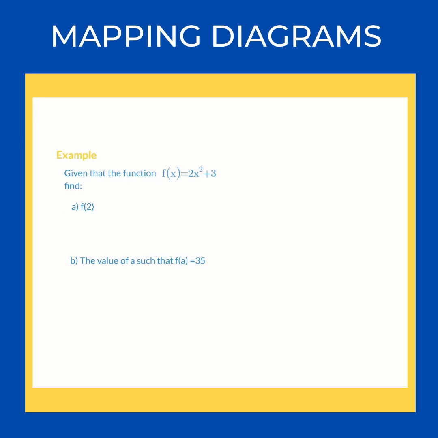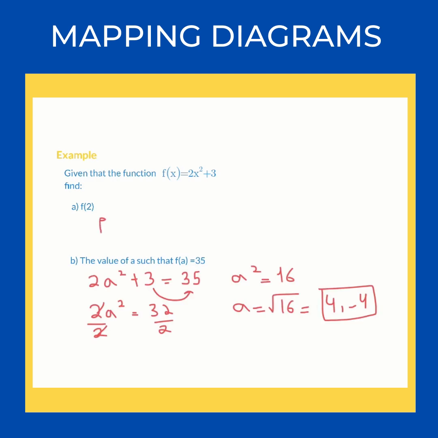An example: given that the function f of x equals 2x squared plus 3, find in part A f of 2 and in part B the value of a such that f of a equals 35. Now f of 2 means I have to substitute 2 into the function f of x.